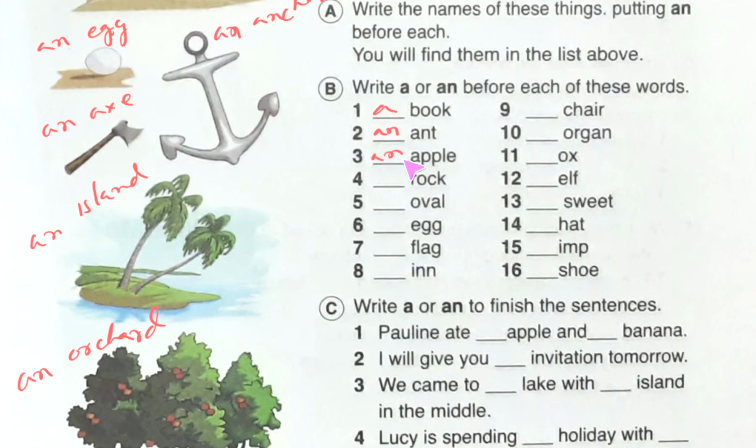So, we will write an. Apple, we have done already, it is an apple. Rock, it is not A, E, I, O, U, it is a consonant R, we will write a rock. Oval, same thing, it is a vowel O, we will write an oval.